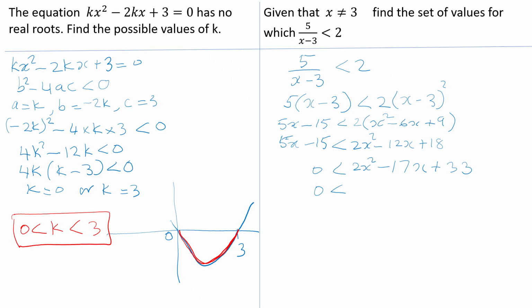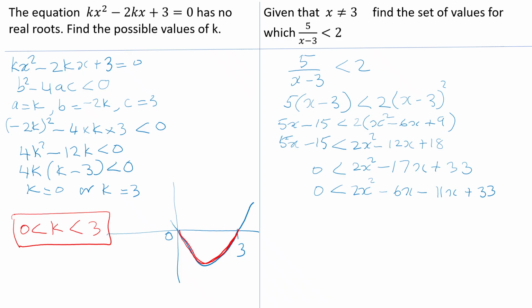So 2x squared minus 17x plus 33 less than 0. If you multiply to get 66, you add to get 17. 11 times 6. So 2x squared minus 6x minus 11x plus 33.